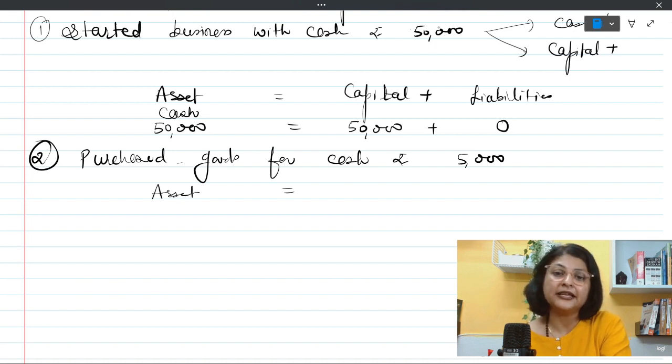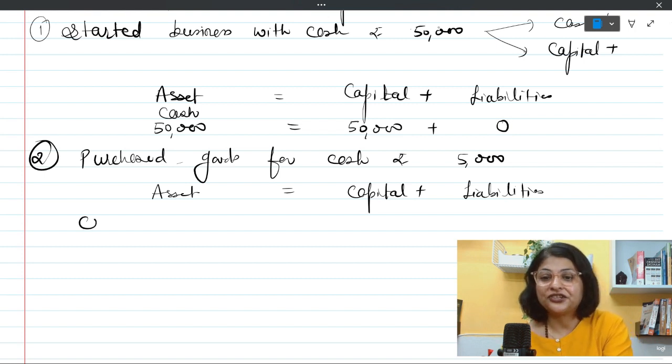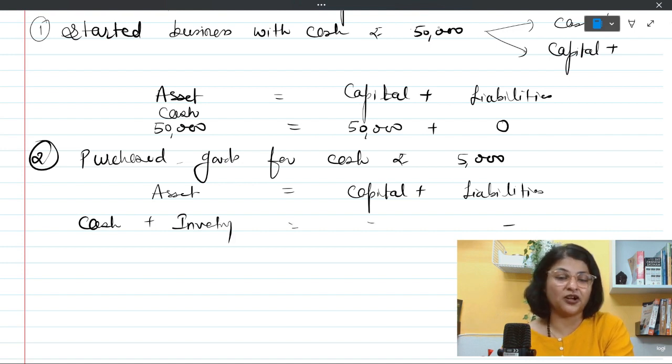On one hand, your cash is going and on another hand, inventory is coming. So you are going to write both of these on the asset side. So here I am going to write cash plus inventory. Inventory means inventory or stock, whatever you want to call it.